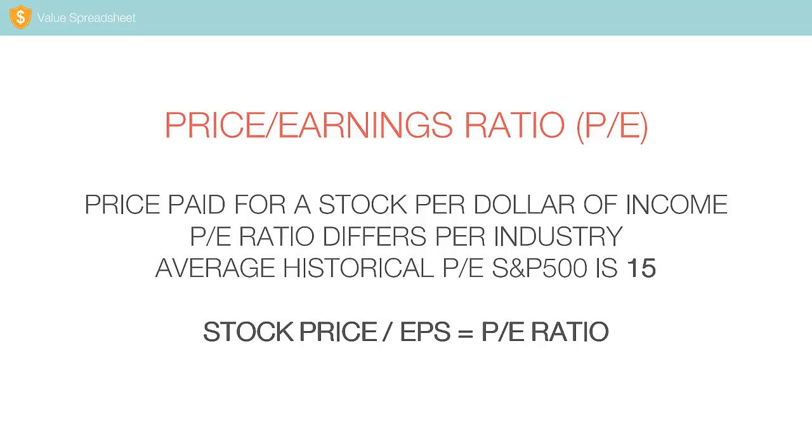What is a high PE ratio, you may ask? Well, this differs greatly per industry, since not every industry has the same growth prospects. However, the average historical PE ratio of the S&P 500 is 15. To calculate the PE ratio, simply divide a stock's current share price by its earnings per share figure.